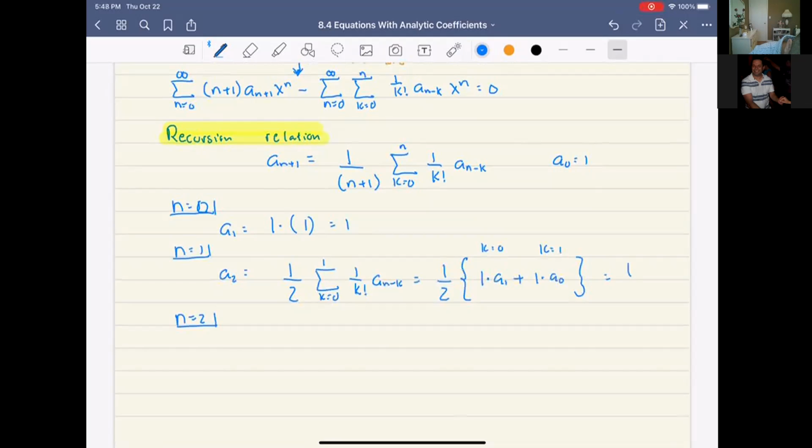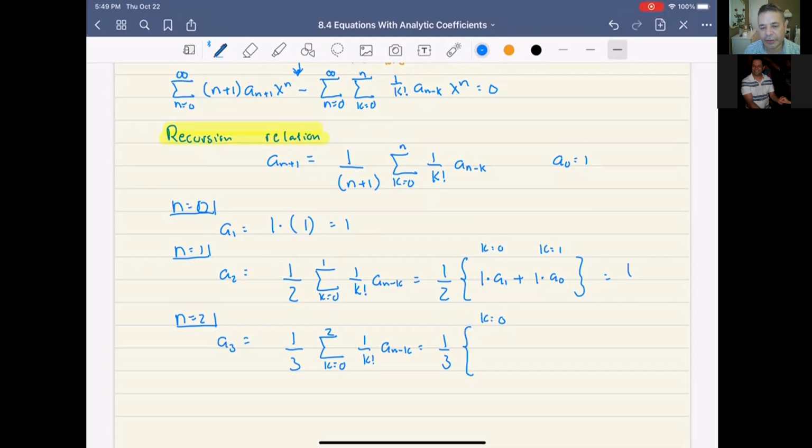Okay, let's do n equals 2. That's going to be a sub 3. A sub 3 is going to be 1 over 3 times the sum, k goes from 0 to 2, of 1 over k factorial, a sub n minus k.